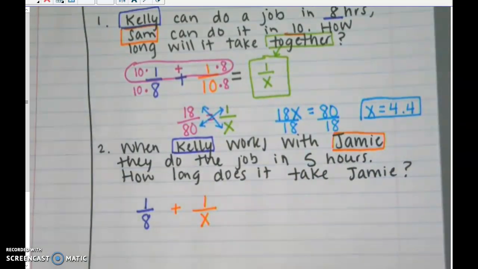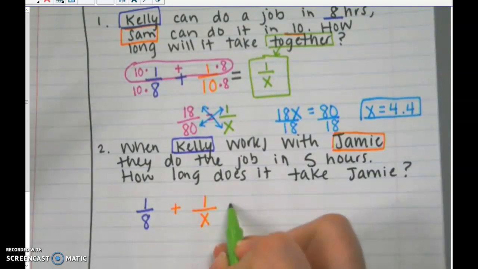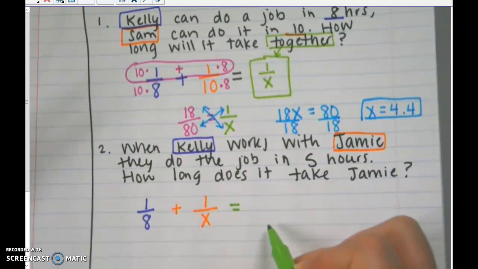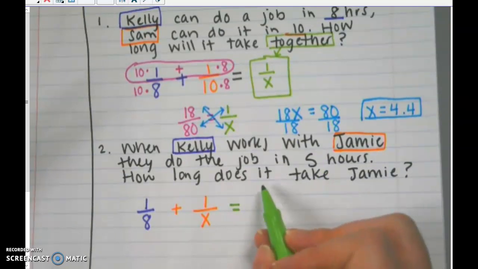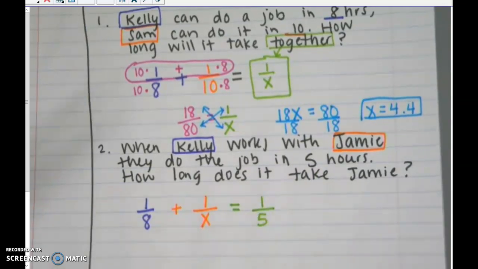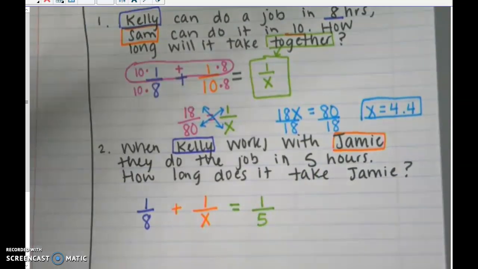But they do tell me how long it takes them to work together. So remember that the together rate is always the one that's by itself on the other side of the equal sign. And it says together they do the job in 5 hours. So that needs to be 1/5.